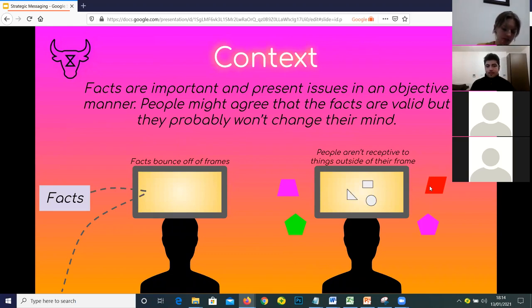This is where facts come in, right? Facts are important because they define our reality in quite an objective manner.